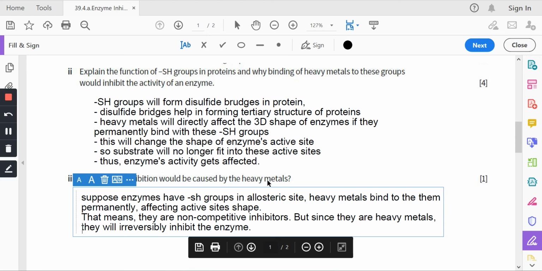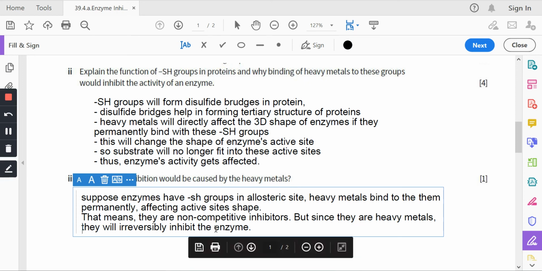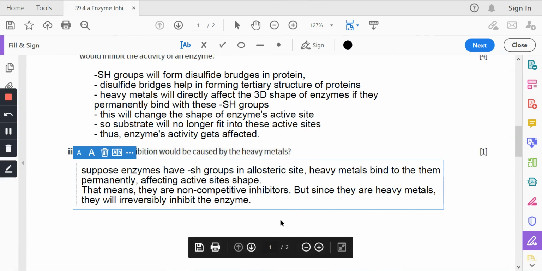So heavy metals, they don't look like the substrate, so they are non-competitive. They will not bind with the active site. Secondly, because they are making permanent bonds with the side chains of this enzyme, they will permanently disrupt the shape of the active site and they will irreversibly inhibit the enzyme.